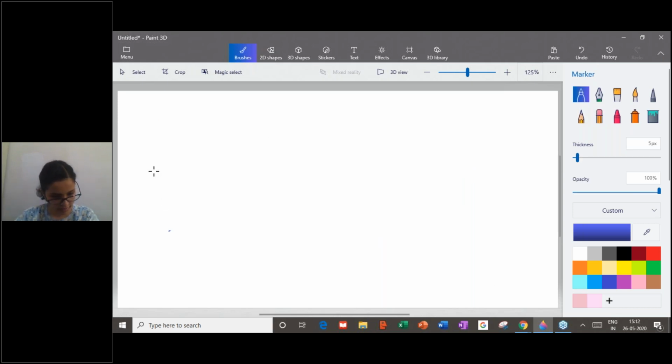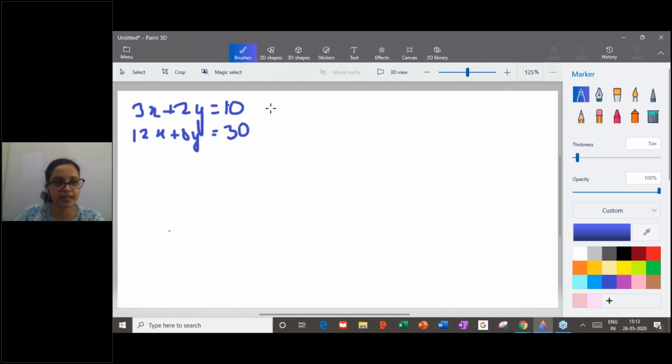Okay, what is it? 3x plus 2y is equal to 10 and 12x plus 8y is equal to 30. Correct? This is equation 1 and this is equation 2.